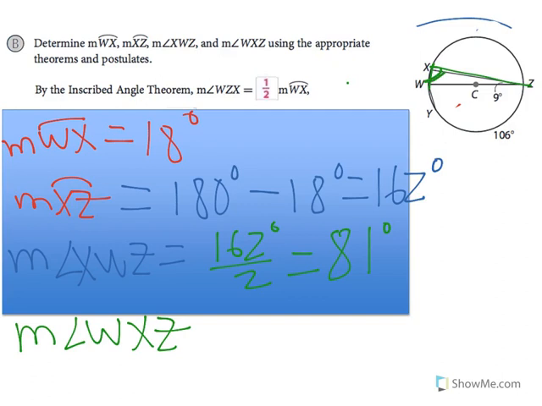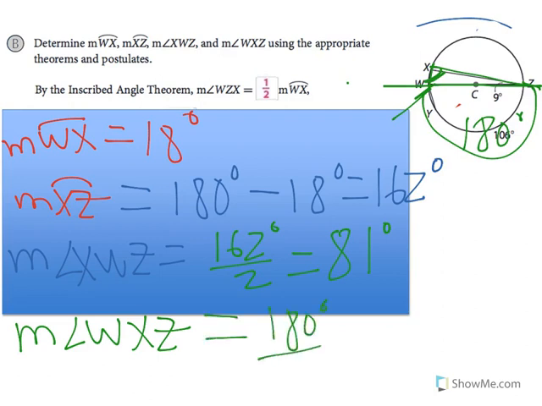Right, so to solve for WXZ, we notice that this is a semicircle. So from here to here is 180 degrees. So then this angle will be half of that. So we take 180 degrees divided by 2, so it will be 90 degrees.